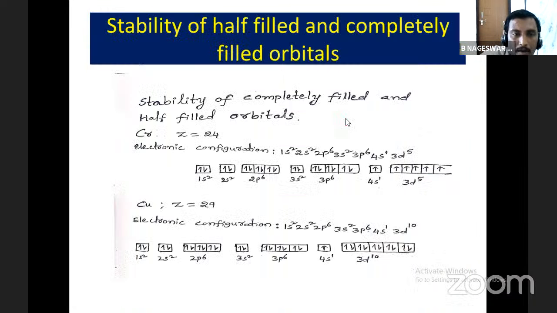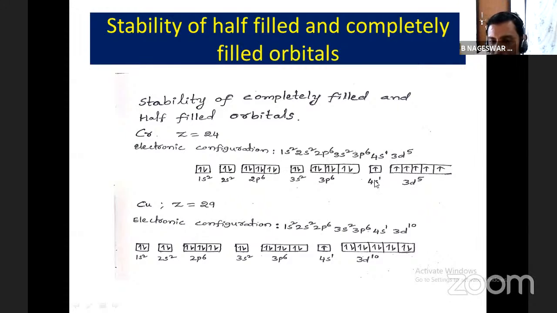See, children, in the case of chromium, the atomic number is 24. Its electronic configuration is 1s2, 2s2, 2p6, 3s2, 3p6, 4s1, 3d5.